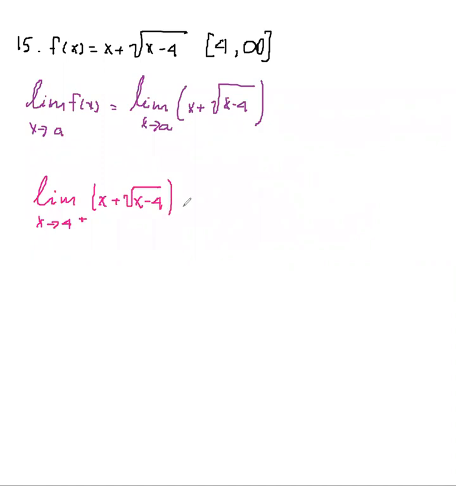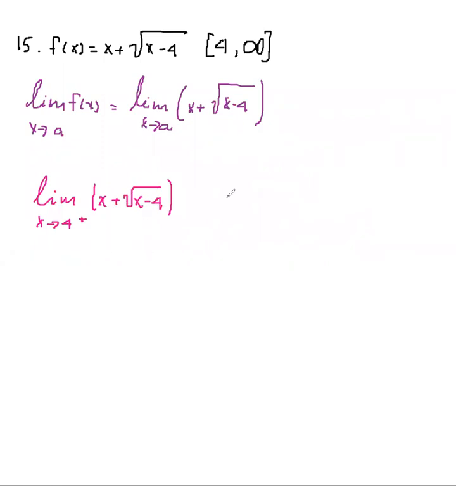Okay. So if x is approaching 4 from the right, we have this is approaching 4 minus 4, but it's approaching it from the right, so it'll be positive, which means that we're approaching the square root of 0. And this is also approaching 4 from the right, correct?